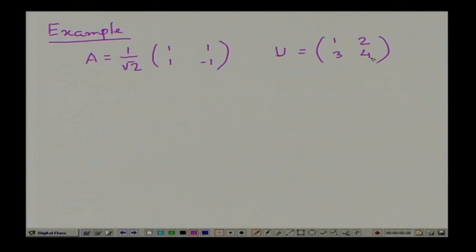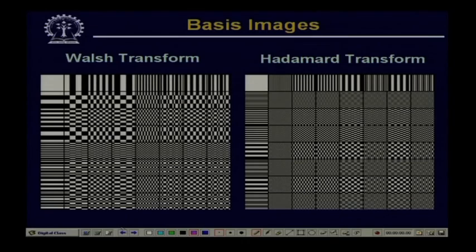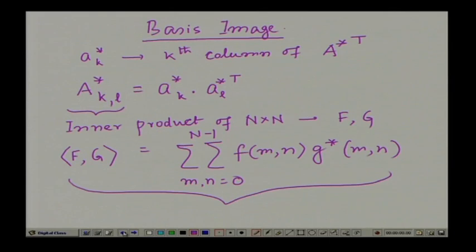So, given this, we can compute the transformed image like this. The transformation matrix V will be given by 1 upon 2 into 1, 1, 1, minus 1 into our input image 1, 2, 3, 4.